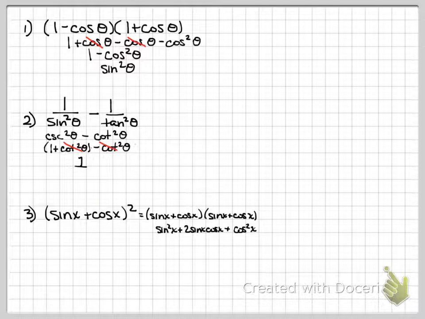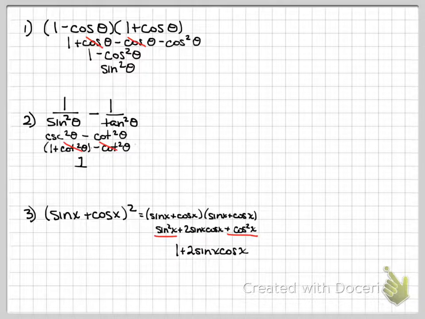And when you look at this, I have a sine squared x plus a cosine squared x. Both of them are positive. That's my Pythagorean identity. So those will substitute and just change to a 1, plus 2 sine x cosine x.